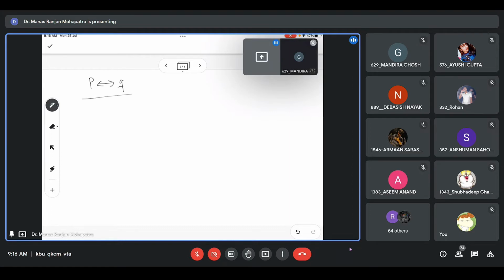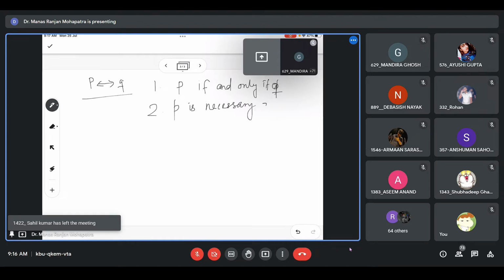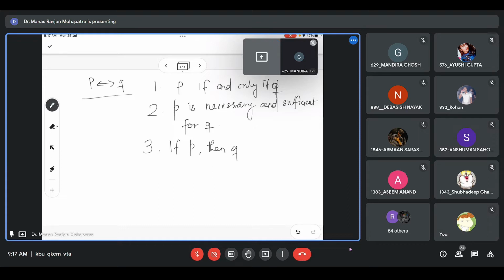As I told, it can be represented by P if and only if Q. Or we can write P is necessary and sufficient for Q, or we can write if P then Q, and conversely.